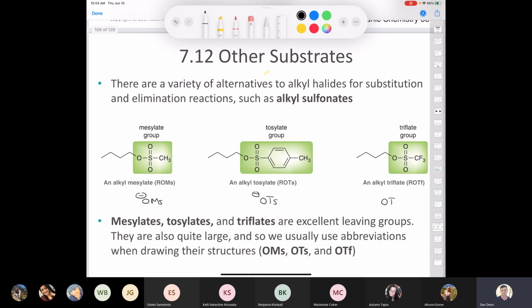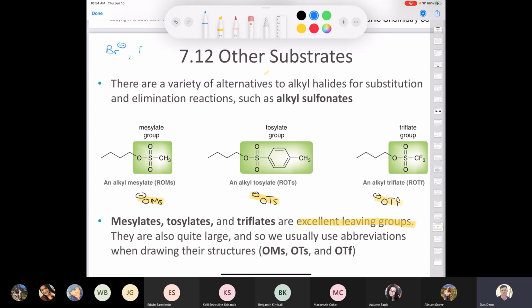The conjugate base of triflic acid is this. No, not tosylate, I've got tosylates on the brain. This is called a triflate. All three of these, OMs minus, OTs minus, and OTf minus, are excellent leaving groups.